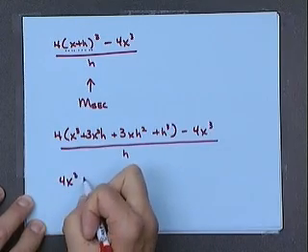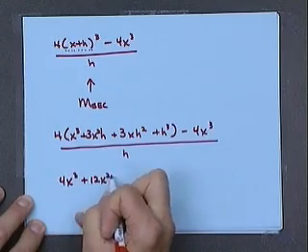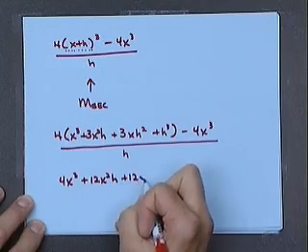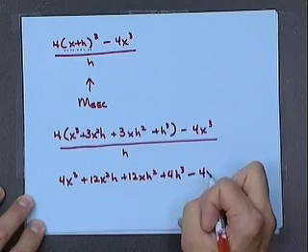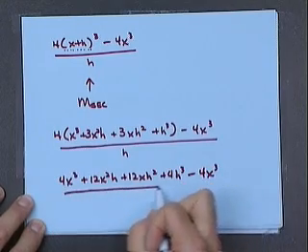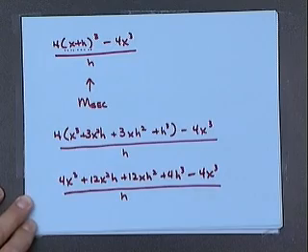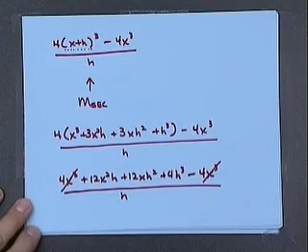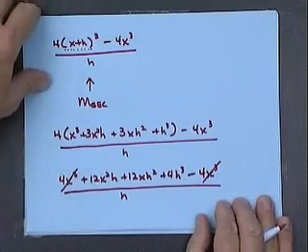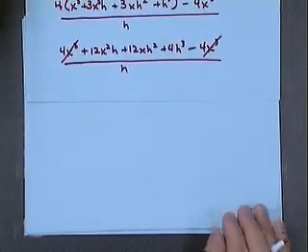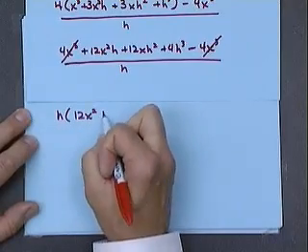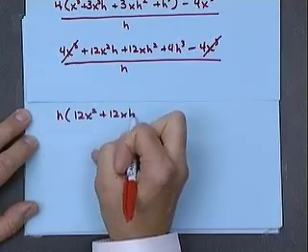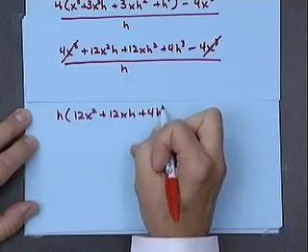So 4x cubed, 12x squared h, 12x h squared, 4h cubed. We're going to drop out the 4x cubed so we don't lose a lot here. 4x cubed minus 4x cubed, they knock out. Everything else has an h. 12x squared, 12xh, 4h squared.